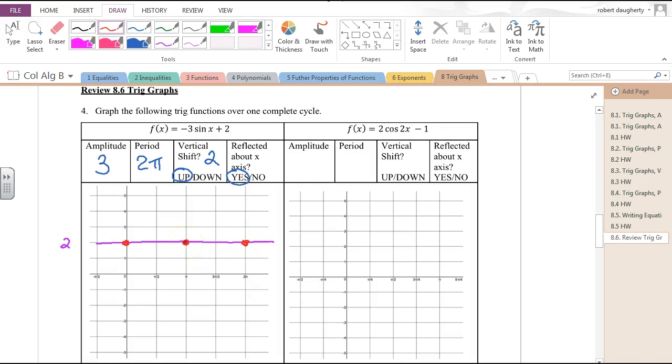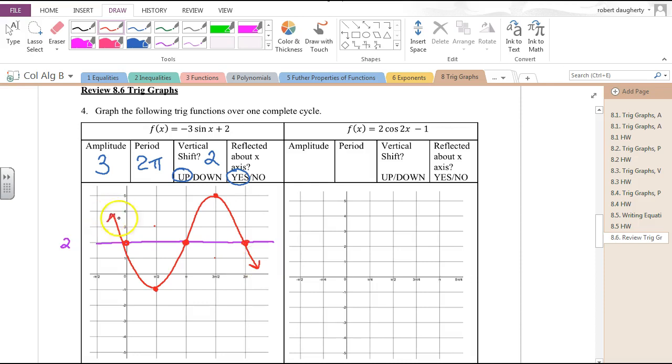Halfway in between is 0. Halfway in between the first 2 points, it normally goes up 1, but I've got a -3, so mine's going to go down 3. 1, 2, 3, right here. And normally halfway between these 2 points is -1, but when I multiply the -3, I get +3, so 1, 2, 3, right here.